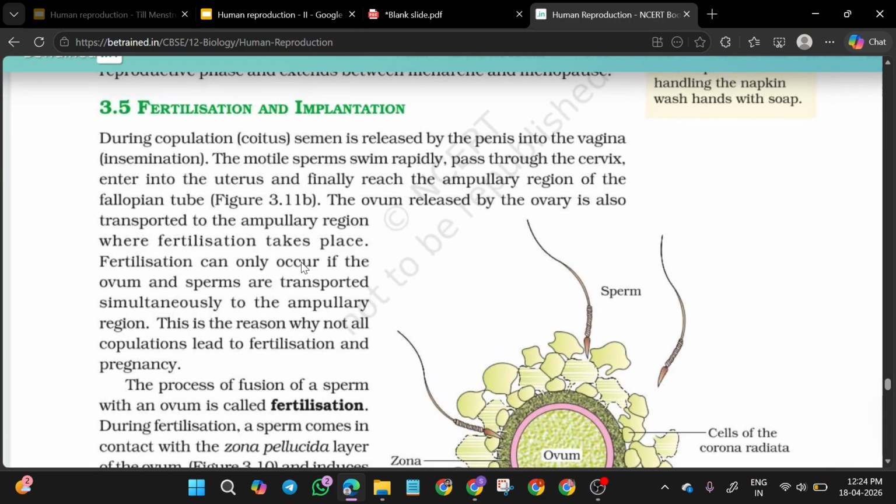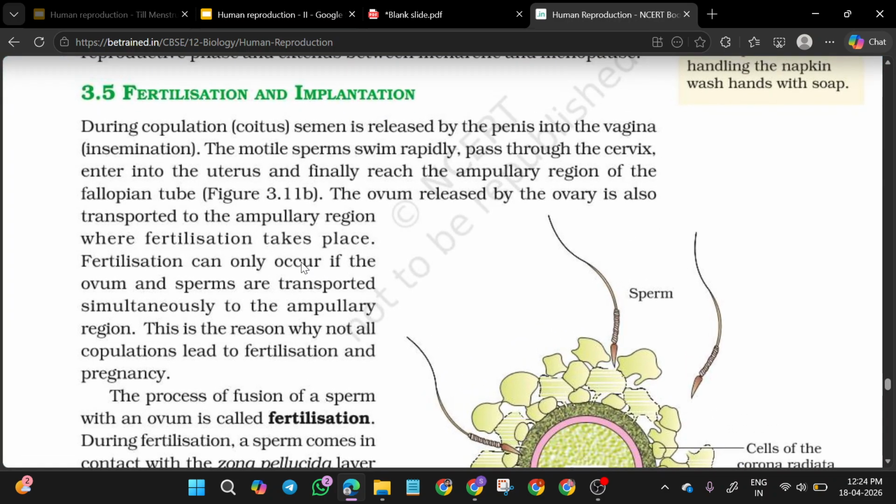During copulation, semen is released by the penis into the vagina. The motile sperm swim rapidly, pass through the cervix, which we saw, enter into the uterus and finally reach the ampullary region of the fallopian tube. The ovum released by the ovary is also transported to the ampullary region where fertilization takes place. Both have to reach simultaneously.